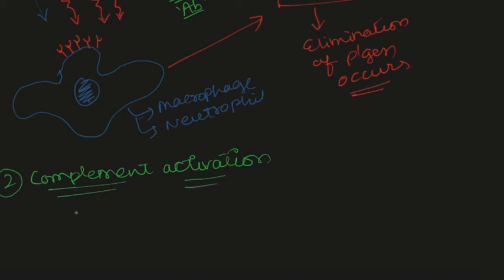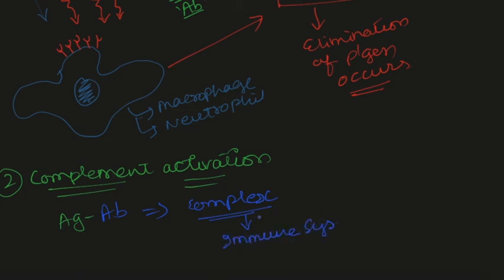When any antigen binds with the antibody, it forms a complex. This complex is recognized by the immune system, which starts to release complement proteins.